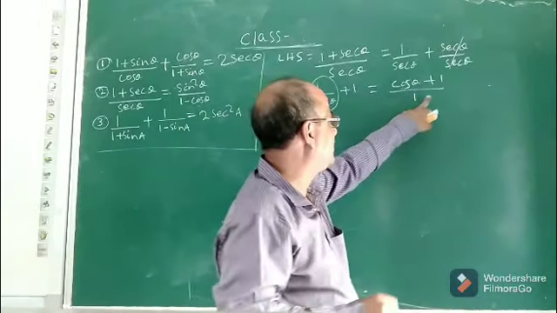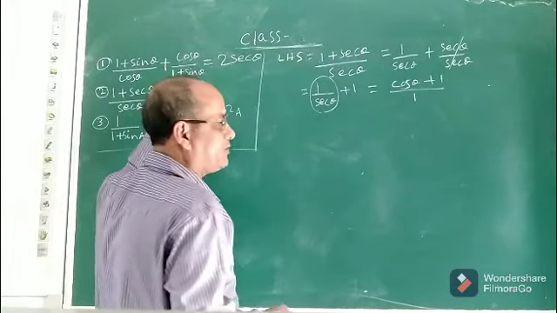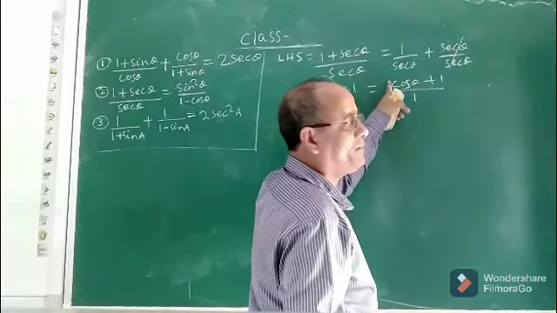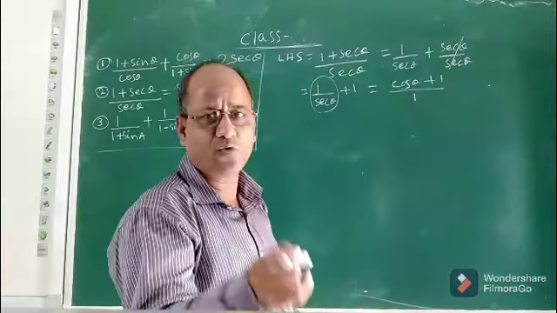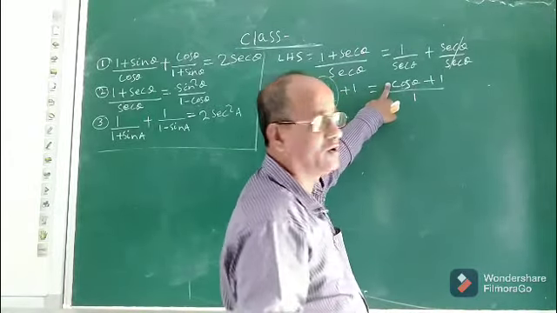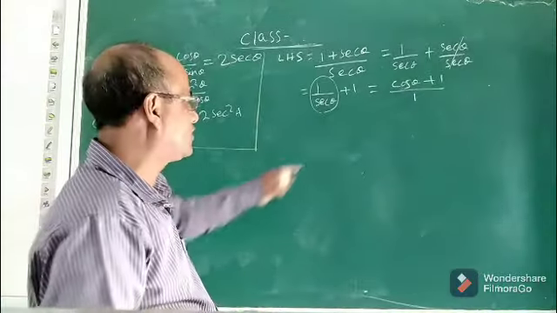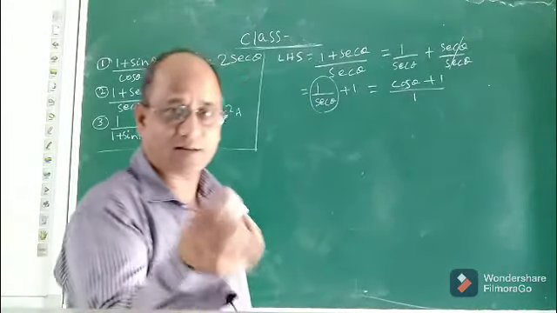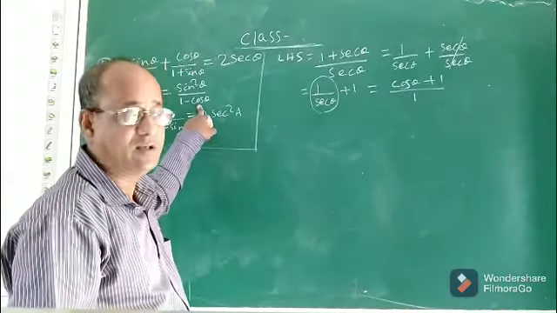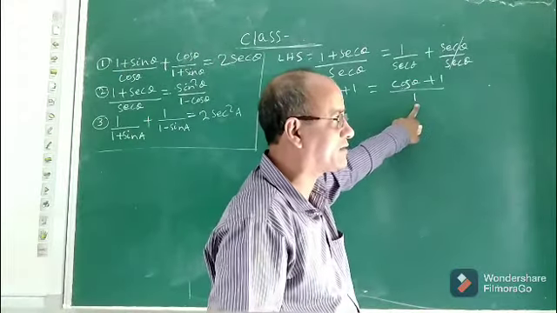Now the point is, if we multiply 1 minus cos theta in the denominator to get the denominator of the RHS, then the same 1 minus cos theta is to be multiplied in the numerator also. That means we have to multiply 1 minus cos theta to the denominator and to the numerator. And if you ask me, why sir, why multiply 1 minus cos theta to the denominator and numerator, the answer is very simple, because in the right hand side I have to obtain 1 minus cos theta. So as I want to get 1 minus cos theta, I have to definitely multiply 1 minus cos theta here.